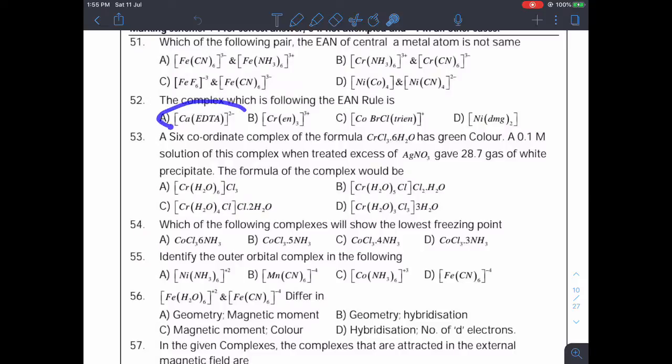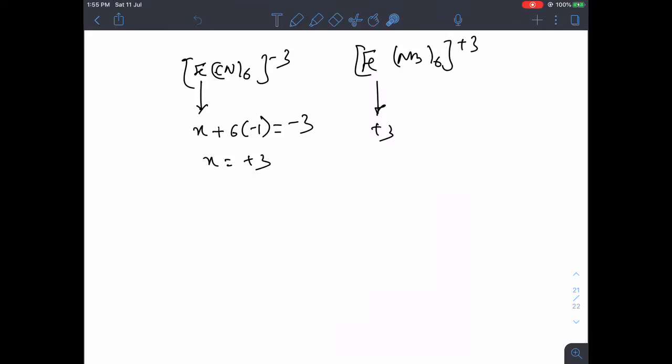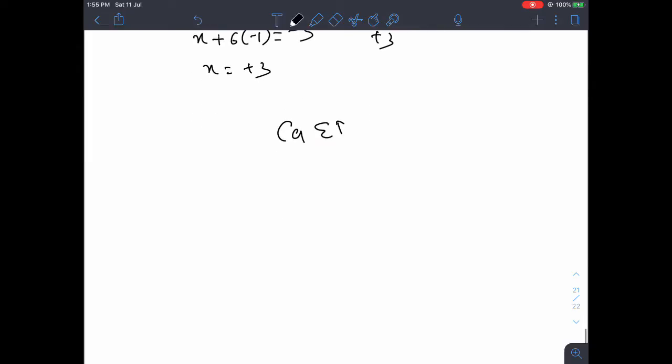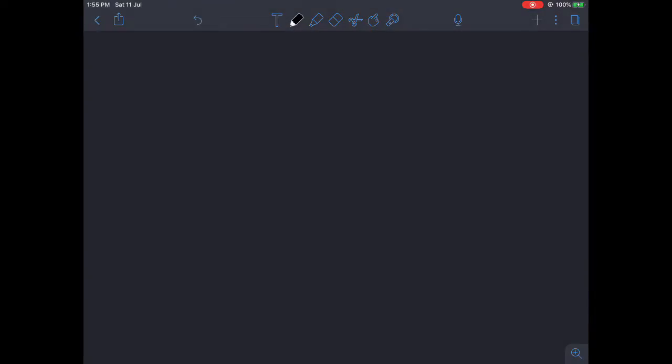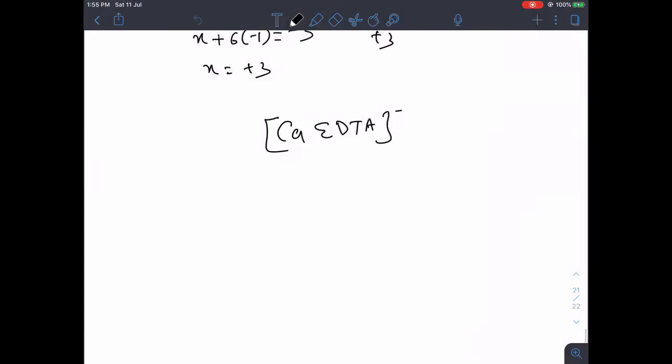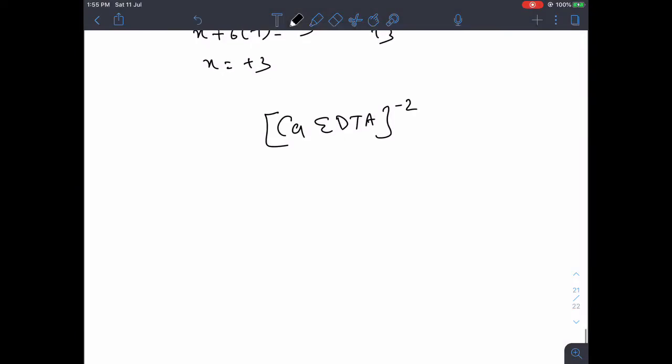So [Ca(EDTA)]2-. What is the oxidation number here? What is the charge on EDTA? Ethylenediaminetetraacetate.